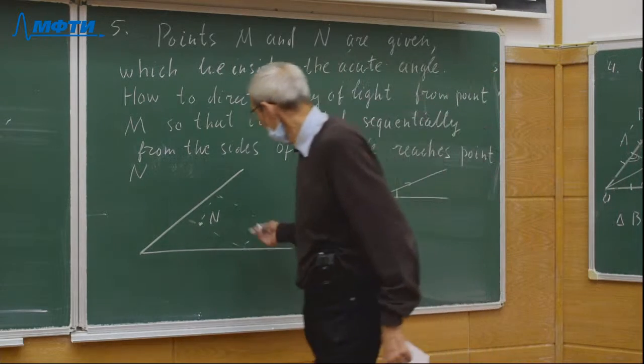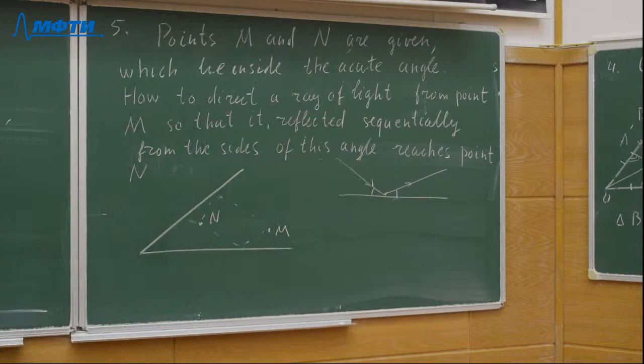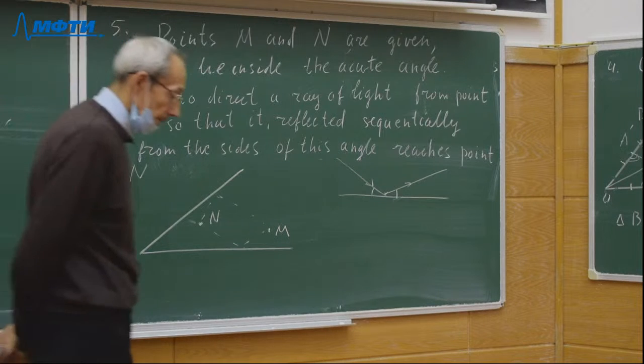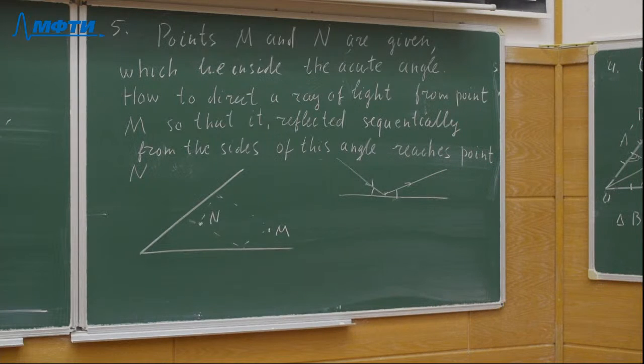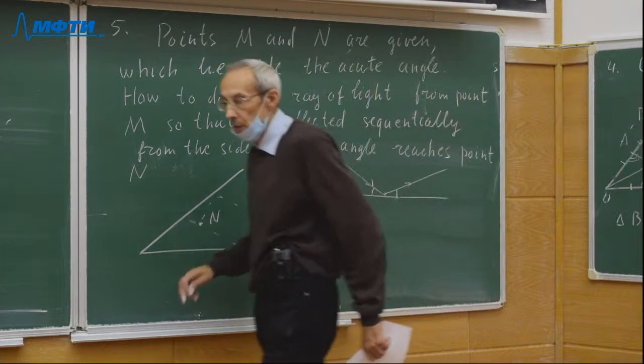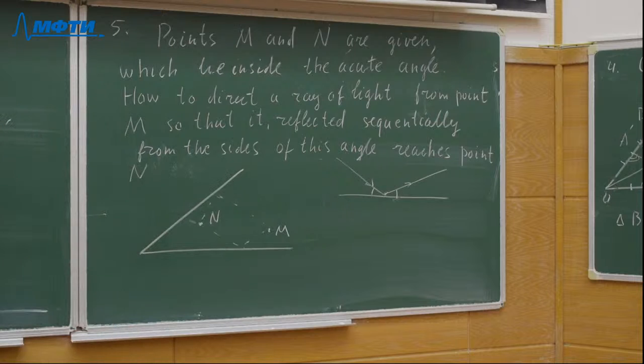How to use this property and draw this way of the light ray. We have initial point M and end point N all this way.